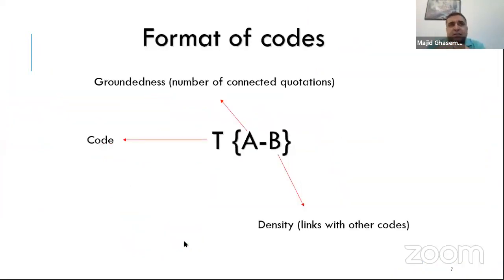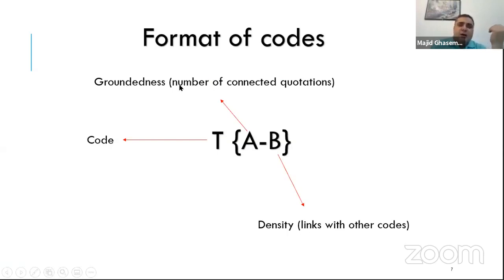And in this slide, you can see the general format for a code. Again, remember for documents, we had D1, D2, D3, etc. For quotations, we had another format, and this is the format for code. So T here refers to the code. It could be anything.